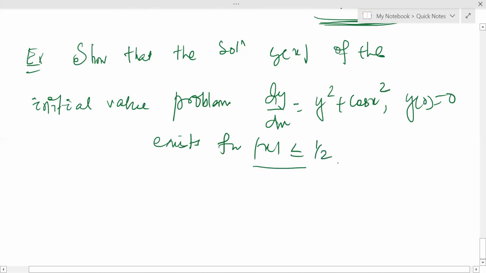You need to prove these conditions. |x - x0| less than h has already been given to you, and you just need to prove or show that.